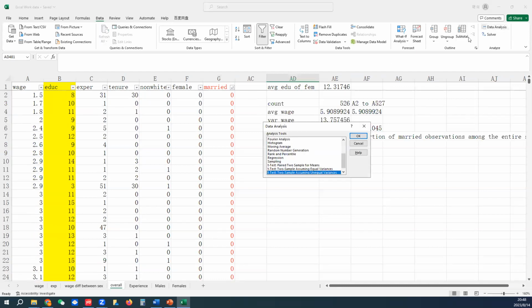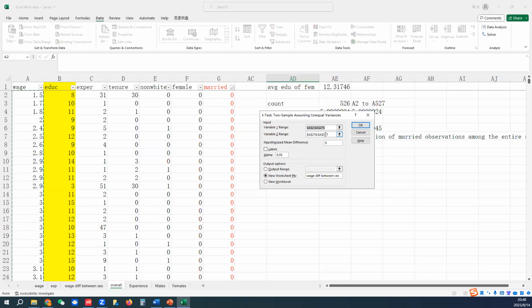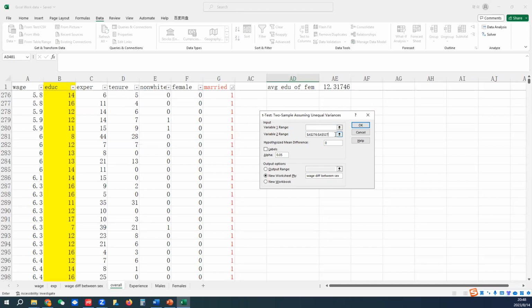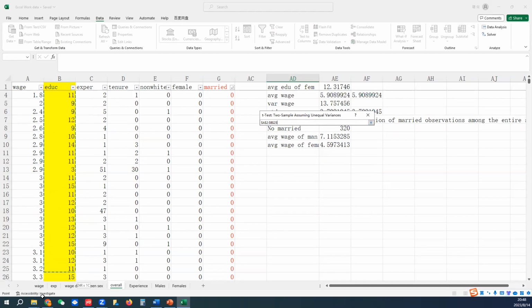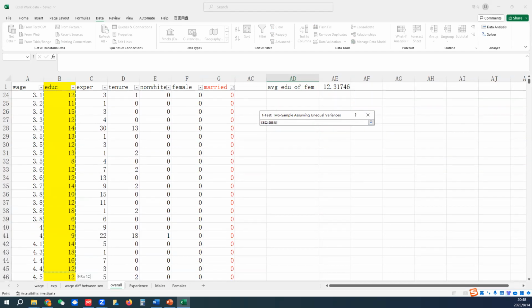All right, let's go to data analysis. So these are unmarried persons versus married persons. Okay, go to the top. So this is the education of unmarried persons, marriage equal to 0.